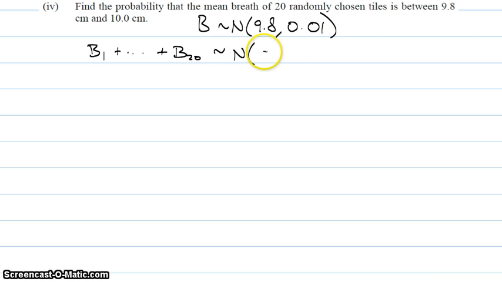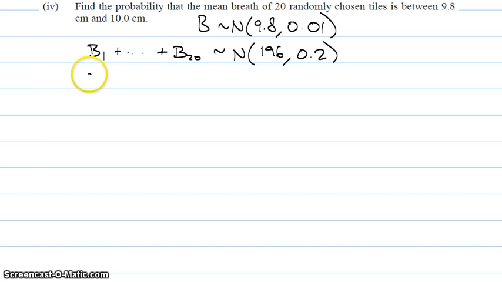So this one has a mean of 20 times 9.8, which is 196, and a variance of 0.01 twenty times, so 20 times 0.01 is 0.2.